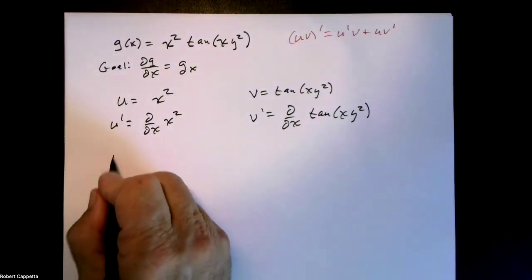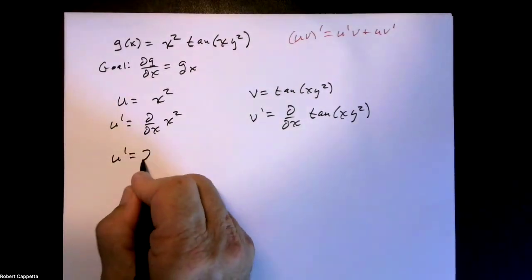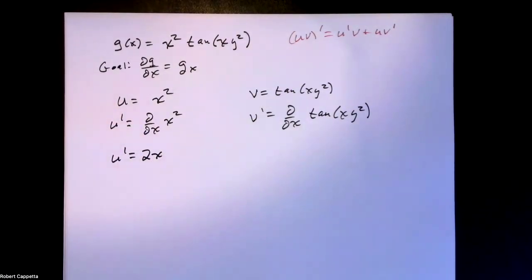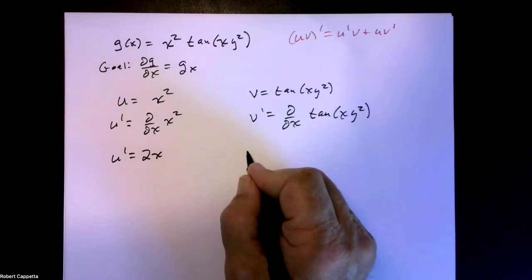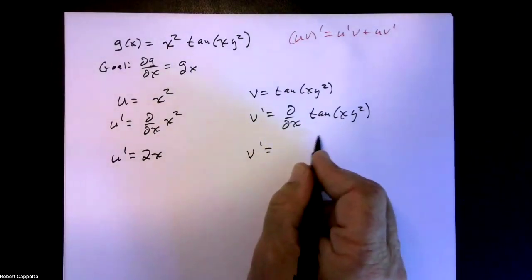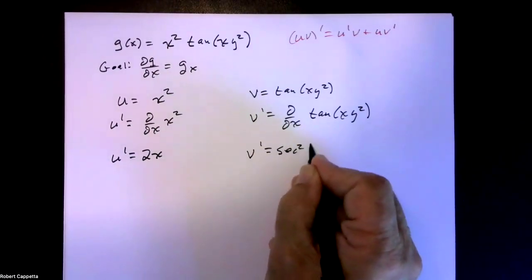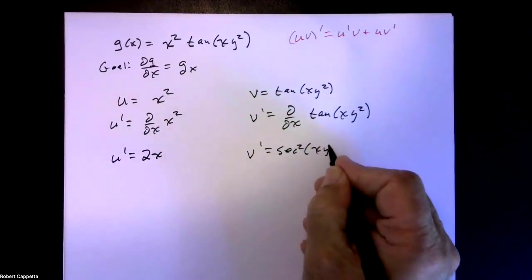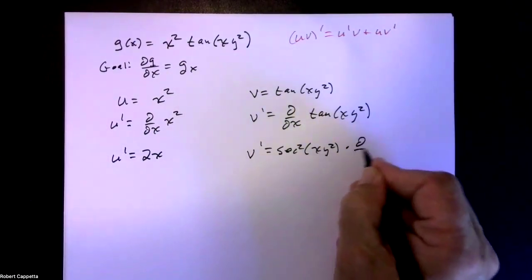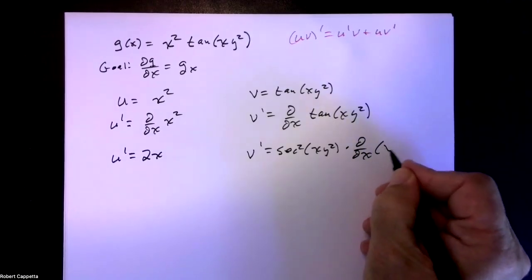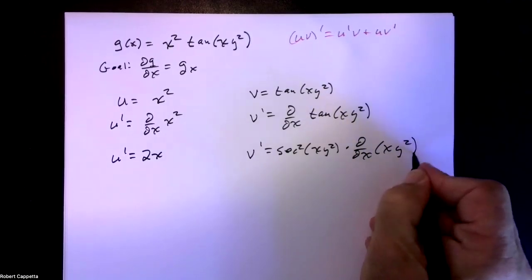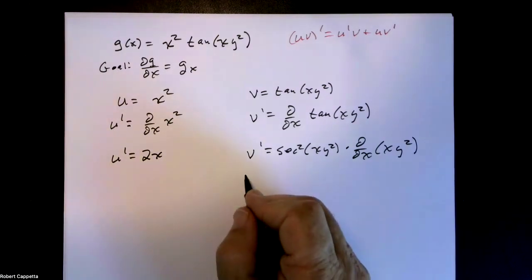Okay. The partial with respect to x of x squared is just 2x. That's not a problem. v prime, the partial with respect to x of the tangent of something is secant squared of the something times the derivative, in this case, partial derivative of that something. So what do we get for v prime?